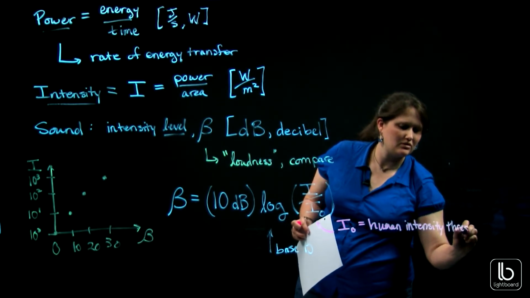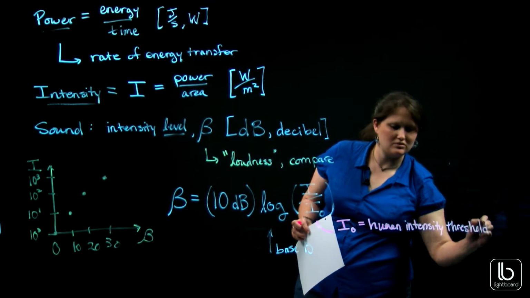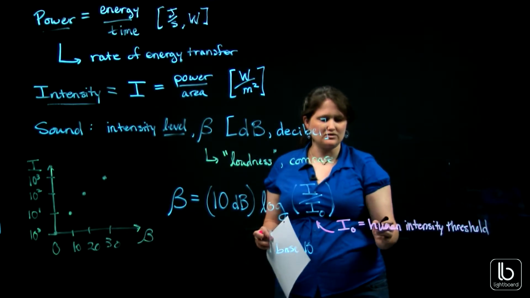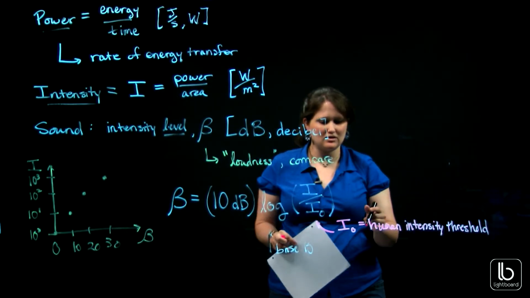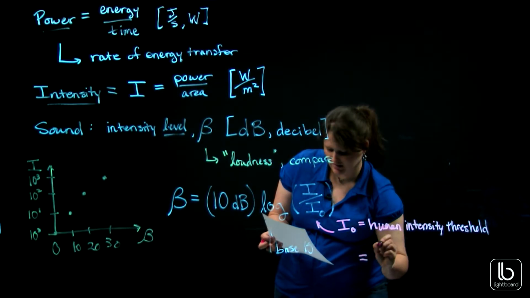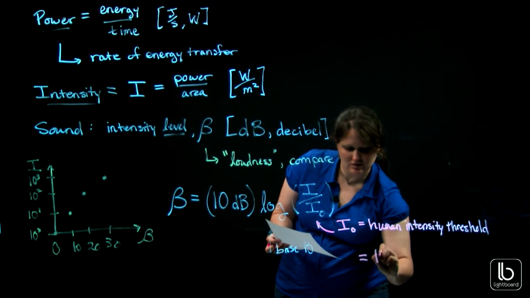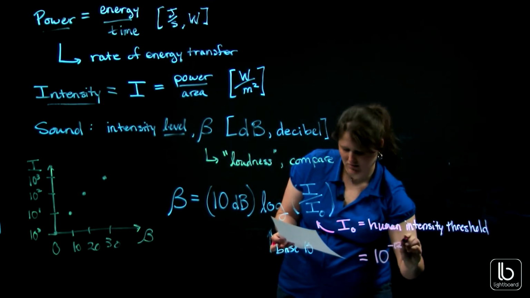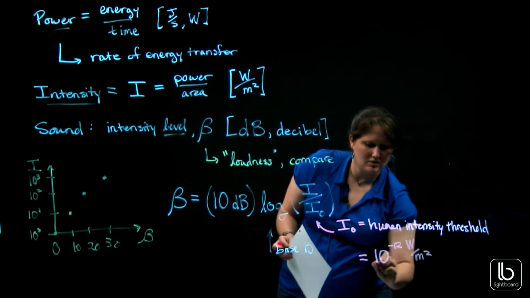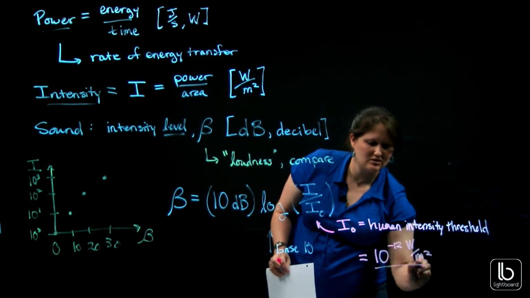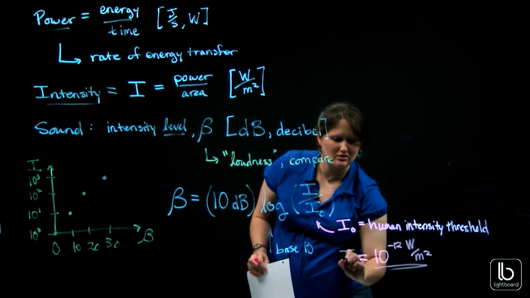In other words, it's the softest sound we can detect. And it is equal to 10 to the negative 12th watts per meter squared. Okay, so this is a constant.